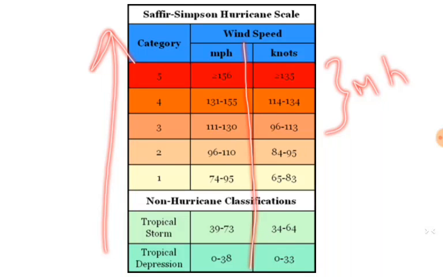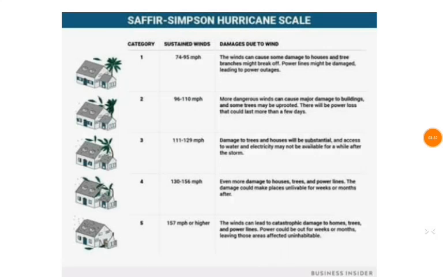So what is the damage now with each of these? We know that as we go up, the damage is going to get more and more devastating. So now let us see that. Okay, you might not be able to see this because the writings are so tiny, but I'm going to read it for you. For Cat 1, the winds can cause some damage to houses and tree branches might break off.